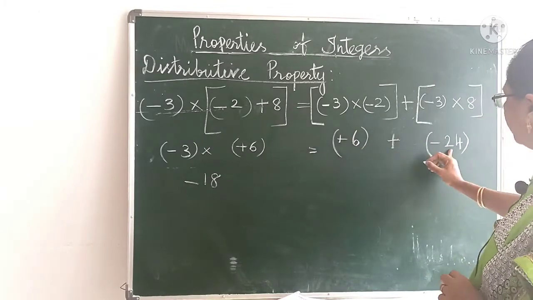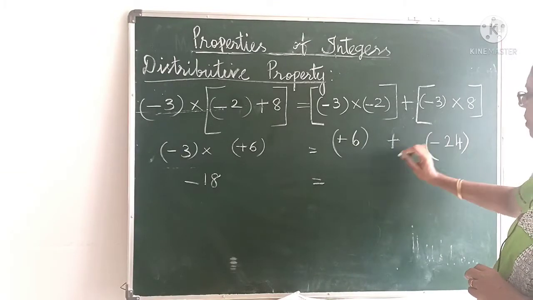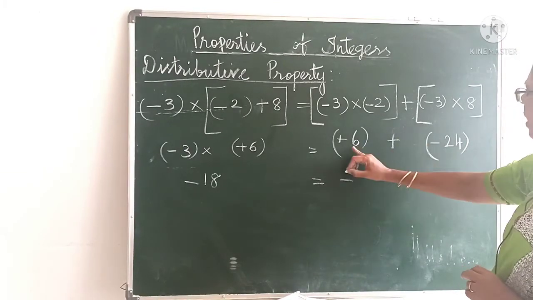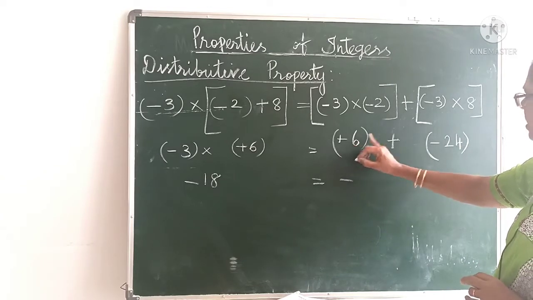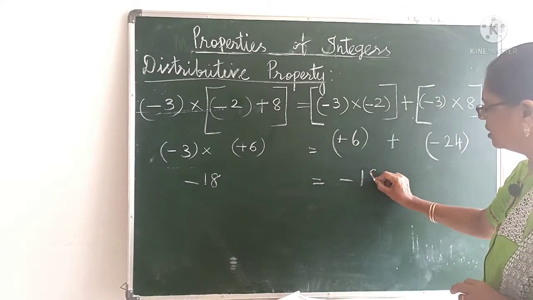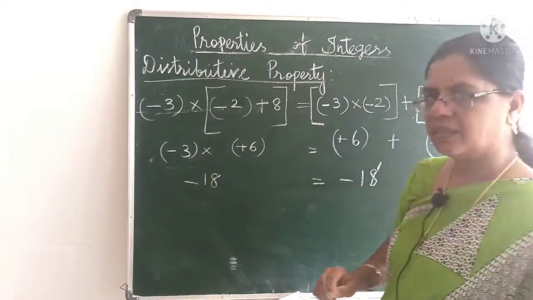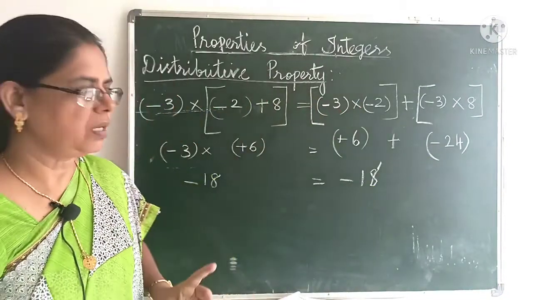One is positive and one is negative. So put the sign of the greater number, that is minus, and then find out the difference between 6 and 24, or you can say 24 and 6. The answer is 18. So on both the sides the answers are same.